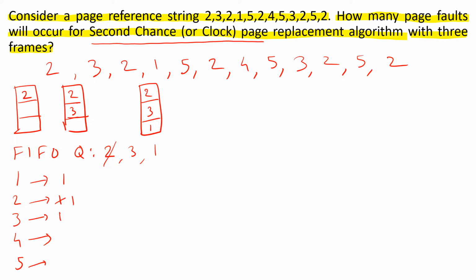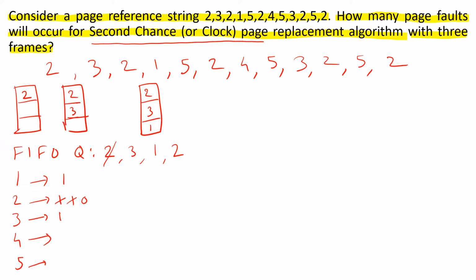Since this page's reference bit is 1, we will give this page a second chance. We will not replace this page as of now because the page was just referred. When we give this page a second chance, we insert that page back onto the queue and make the reference bit 0.